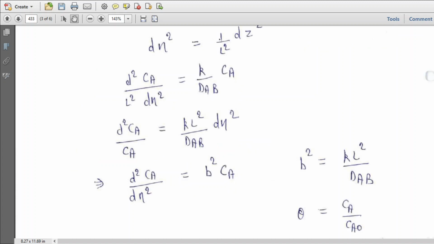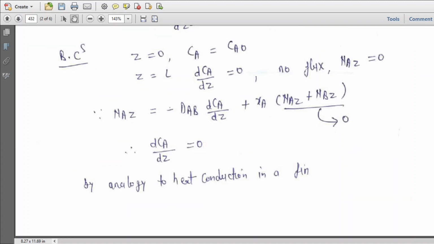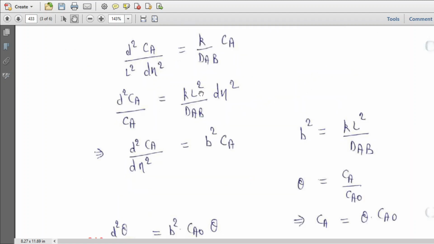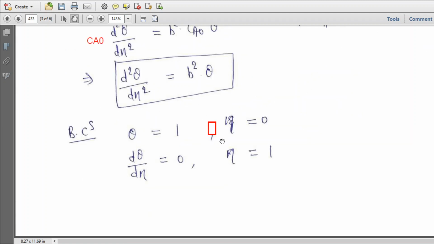These can be derived from the original boundary conditions you have: z equal to 0, CA equal to CA0, and z equal to L, dCA upon dz equal to 0. So you can substitute the non-dimensional variables here, z in terms of eta and CA in terms of theta, and you will get these non-dimensionalized boundary conditions.